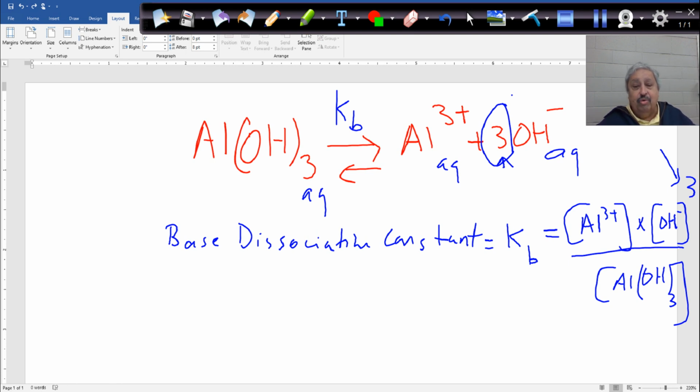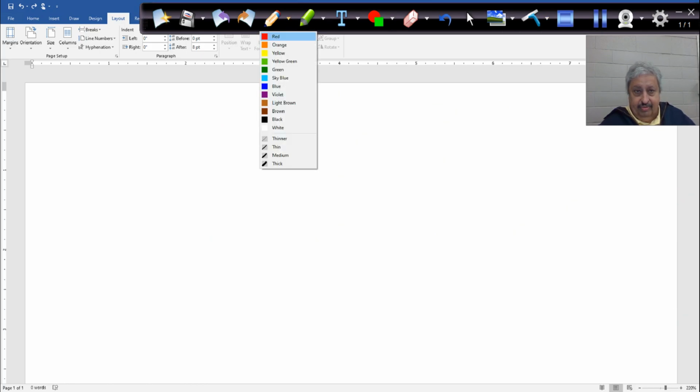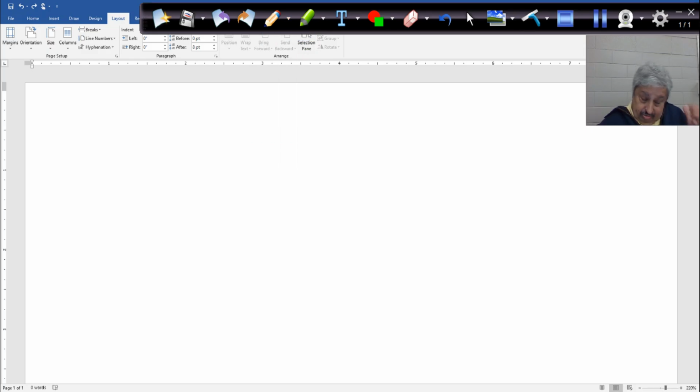Now, how in the world will I know which one is strong and which one is weak? Everybody has it? So now, the strength of an acid and base: weak or strong. There is a table, and you can look at the table to see the values.